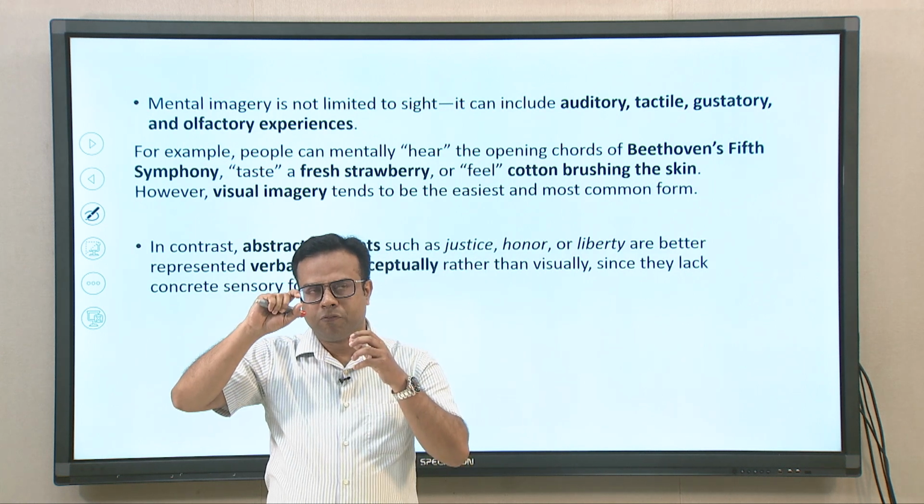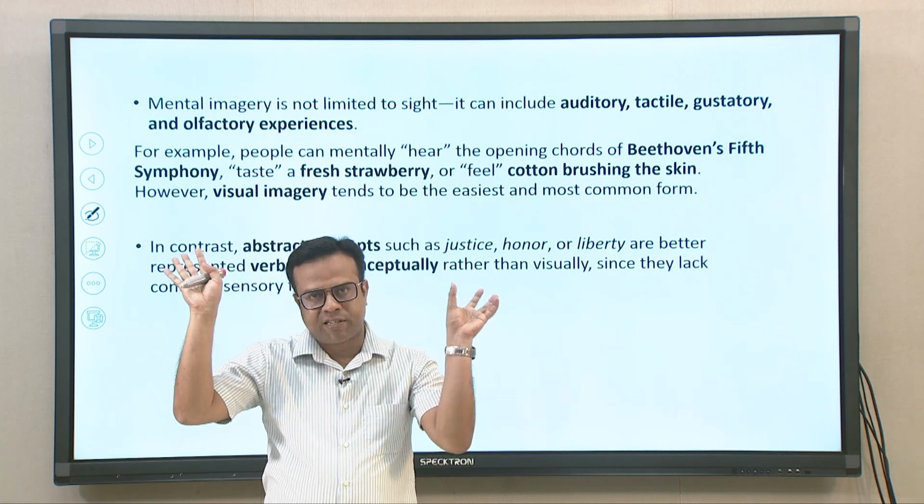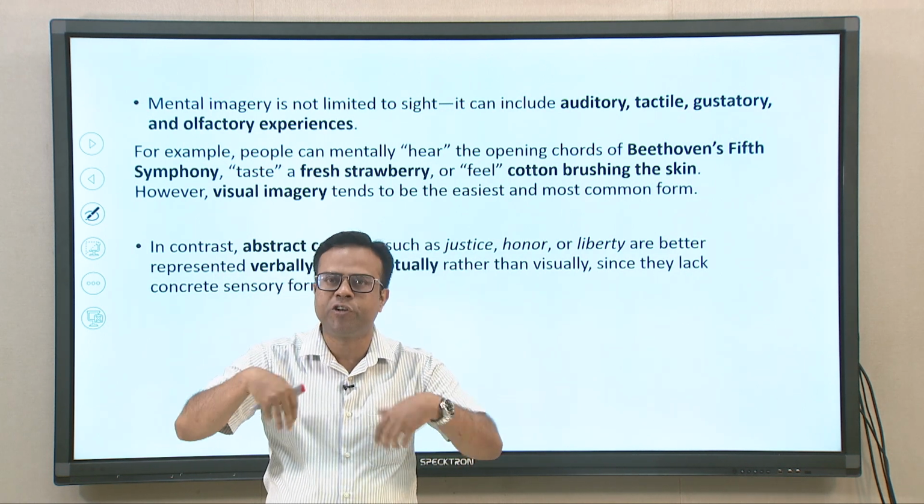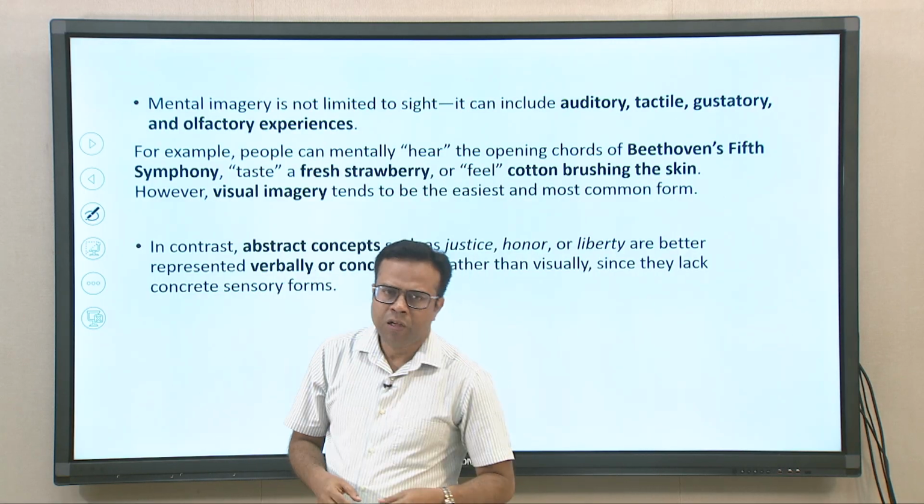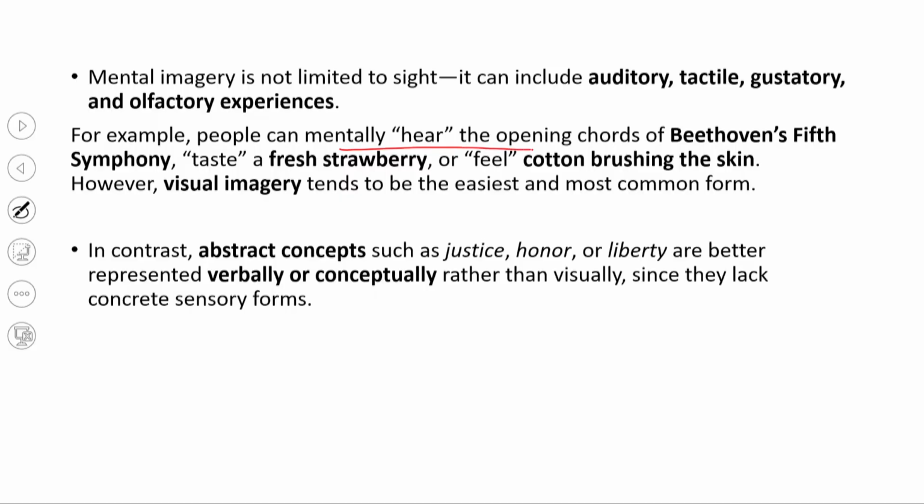So, we can have images of all the sensory organs, not just visual. Visual is most dominant. For example, people can mentally hear the opening chords of music like Beethoven's 5th Symphony. Whenever we hear music, later on we can mentally almost hear it again. So, that is also mental imagery, but it is not a visual image, it is an auditory image.